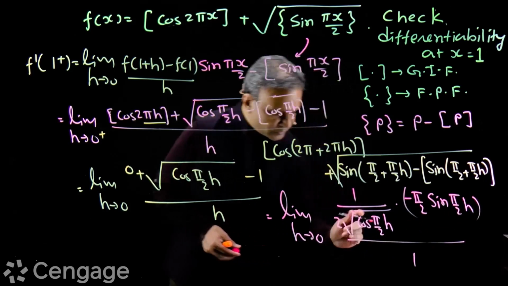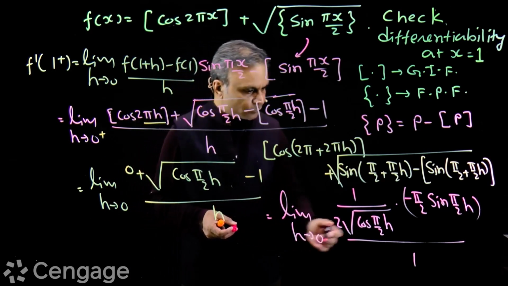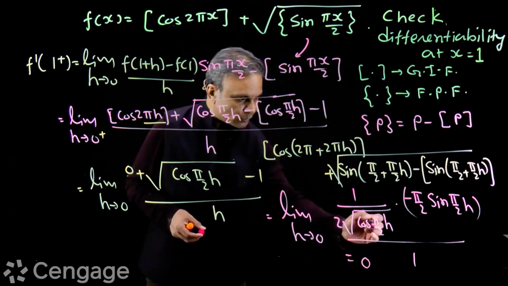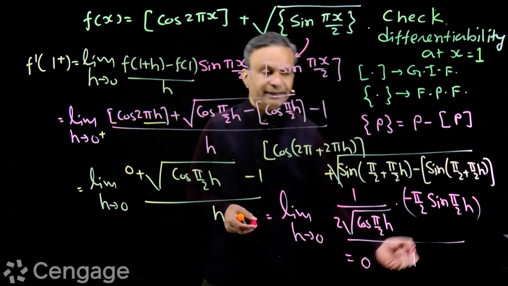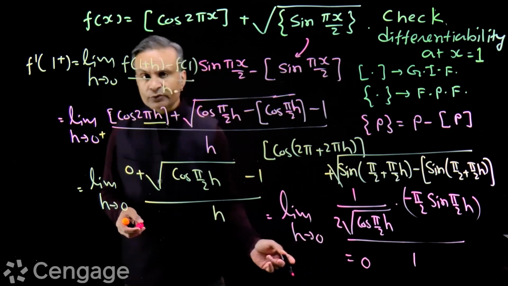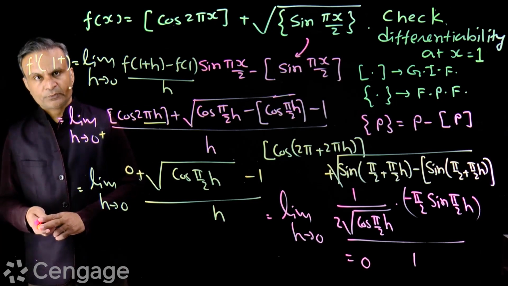Now put h = 0. Cos 0 is 1, but here we have sin(πh/2), so sin 0 is 0, so the value is 0. That means the right hand derivative at 1 is 0.